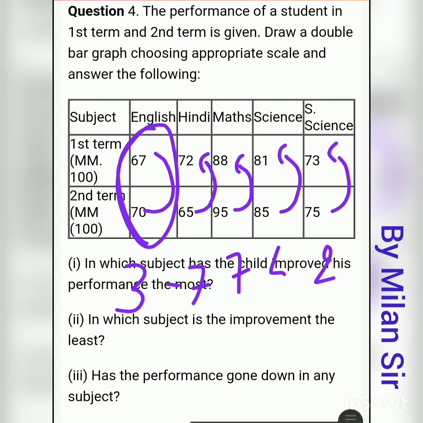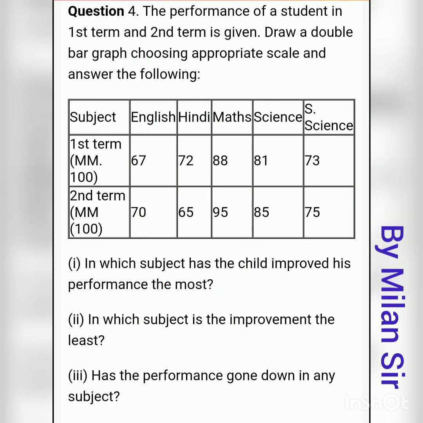So as compared to the first term, in the second term, in which subject did the child improve his performance the most? Here the highest improvement is 7 and the subject is maths. So our answer to the first question is, in maths the child improved his performance the most. Here we need to find the difference in all subjects.